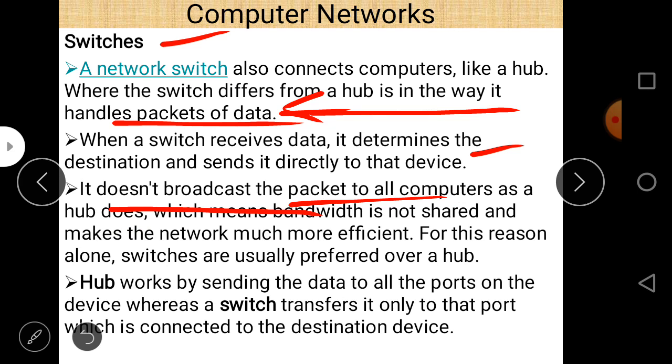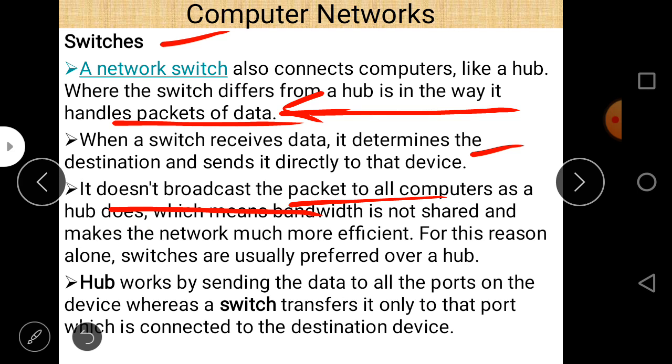So that is the basic difference between a switch and a hub, and it may be asked in examination, what is the difference between a switch and a hub? Both are connecting devices, both connect different computers or different segments of a LAN, but a switch is an intelligent device and a hub is not an intelligent device. A hub basically broadcasts data or packets, but in the case of a switch it is not so.